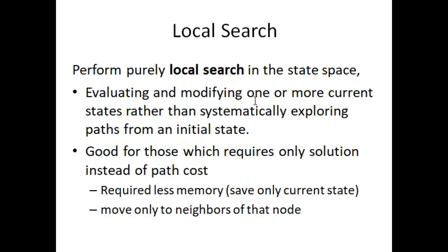Just look at this point again: evaluating and modifying one or more current states rather than systematically exploring paths from initial state. So our focus is no longer on the path, our focus is only to explore or evaluate the current state.